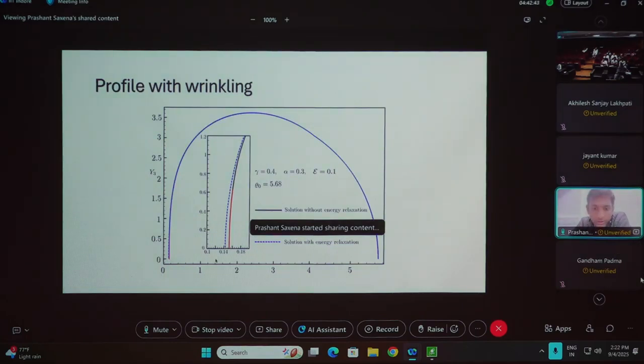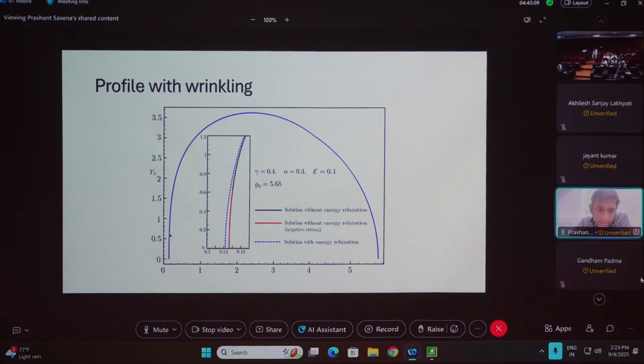So this was a calculation for one of the loading conditions, some pressure and some electric loading. And what you're seeing here is the profile of the membrane, the function rho and eta, and the difference in the solution is not a lot.